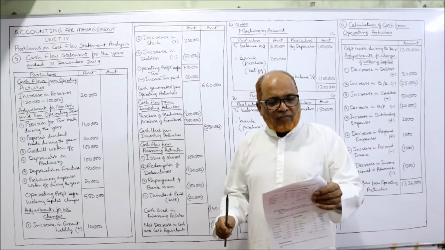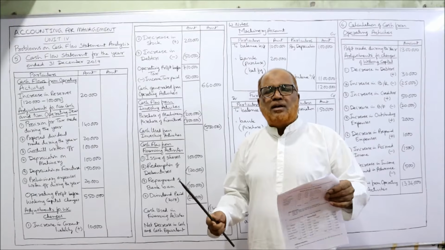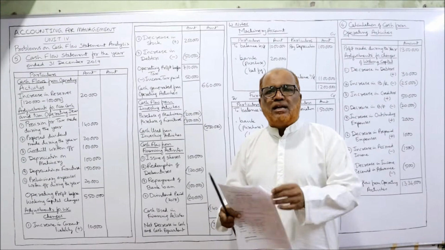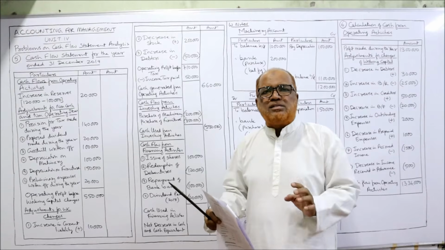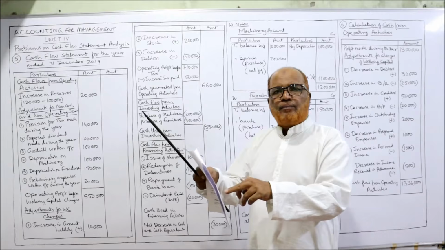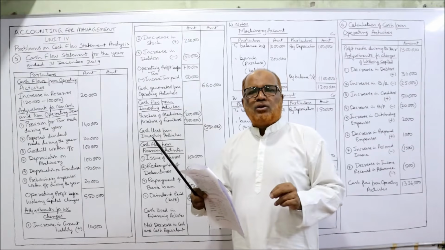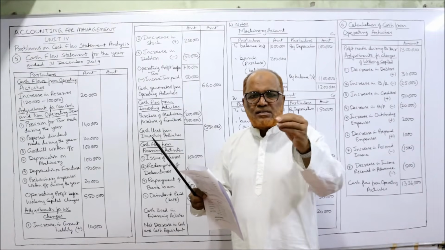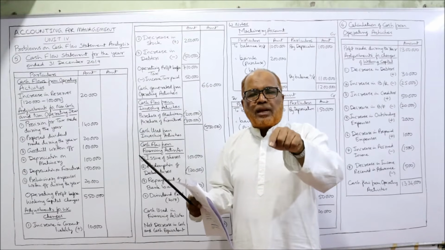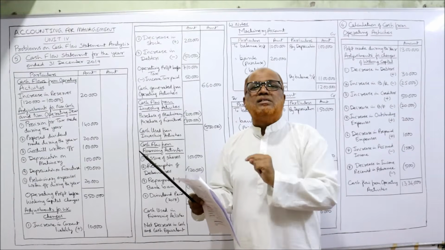Next comes reserves. Actually, profit and loss account or reserves. The profit earned by the company will be kept either in profit and loss account or in reserves. In our current problem, we don't have any profit and loss account given. Reserves are given. So whatever profit is there, that is taken in reserves. So we find out cash flow from operating activity by using reserves.